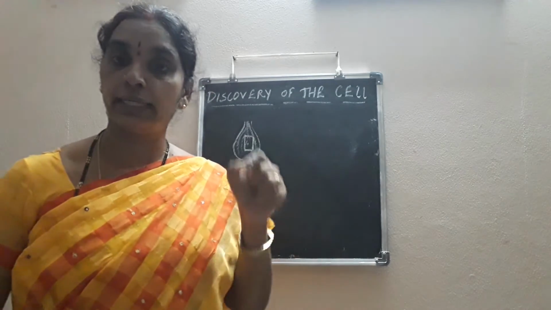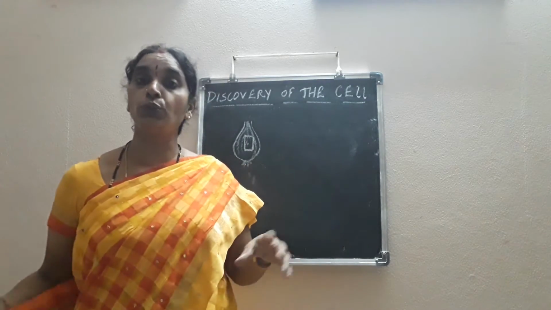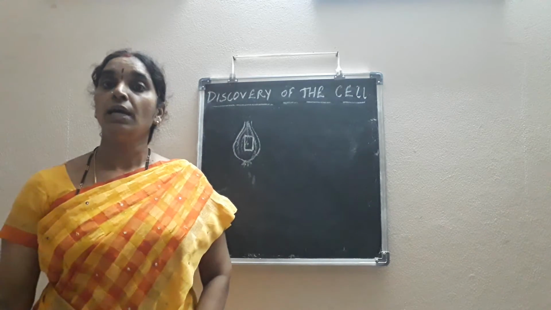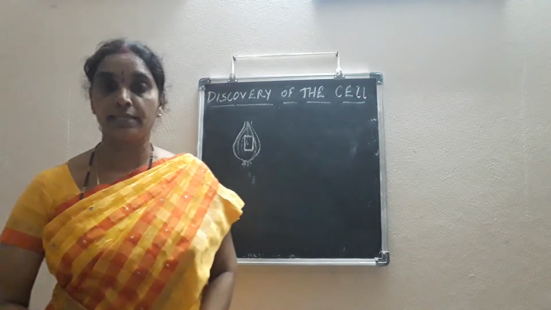Before that, you have to add a drop of water over it so that it does not dry out if it is kept for a longer period. I have already told you about the precautions that you have to take while preparing a slide, isn't it?